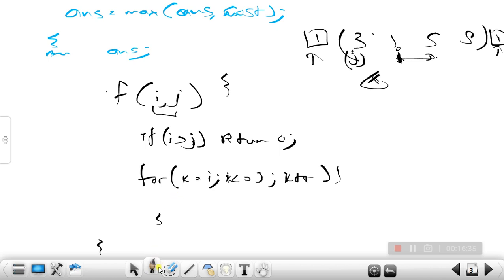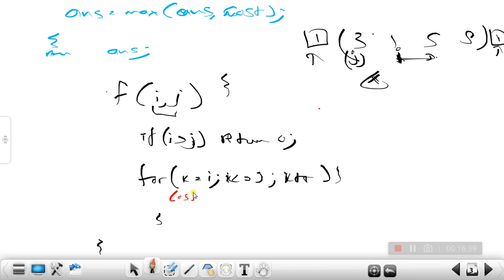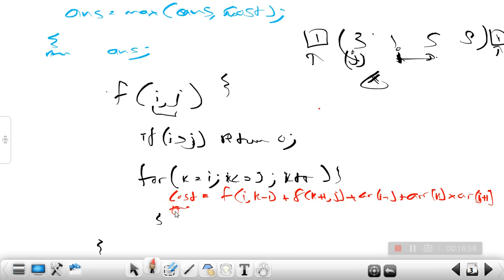So my cost is going to be f of I and k minus 1, plus f of k plus 1 and j, plus simply array of k multiplied by array of j plus 1, because it is the right side, and array of I minus 1. Simple. And now I am going to calculate my answer as the max of the answer that I already have and the cost. Okay, fine. And at last I'm going to return my answer. I hope it is clear to you.